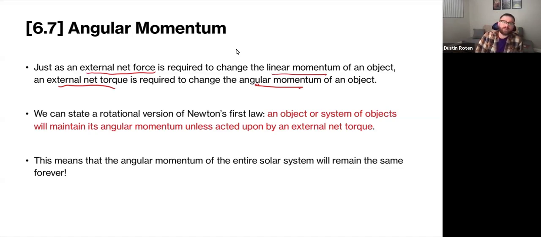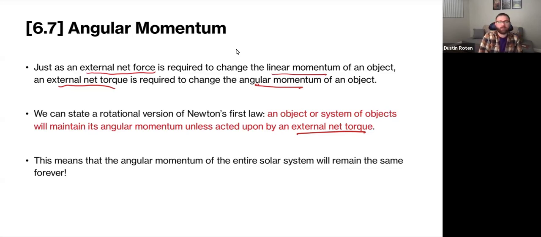We can state a rotational version of Newton's first law and essentially say an object or system of objects will maintain its angular momentum unless acted on by an external net torque. That's literally the whole idea: an object in motion stays in motion, an object at rest stays at rest. We just replace rest with the word rotation, same thing.